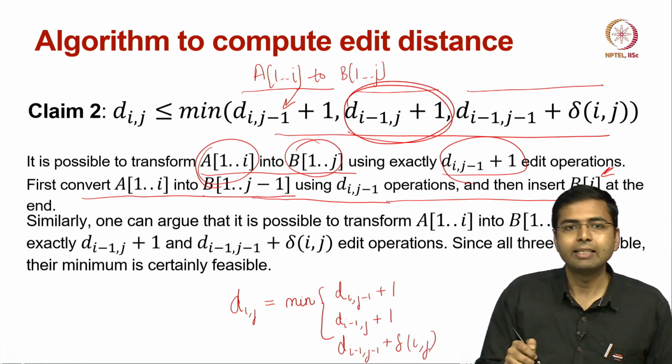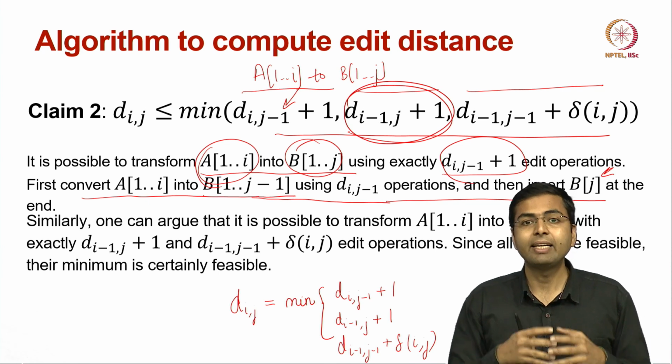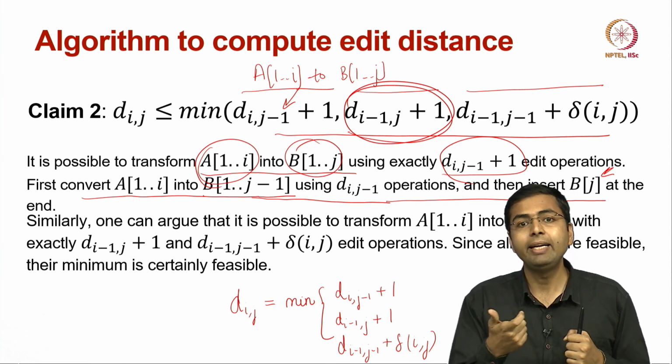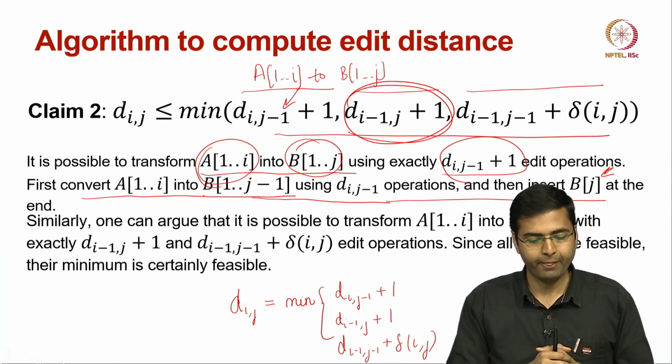So, this is established using claims 1 and 2. This gives us the recursion of how we can solve for D_i,j using its subproblems.